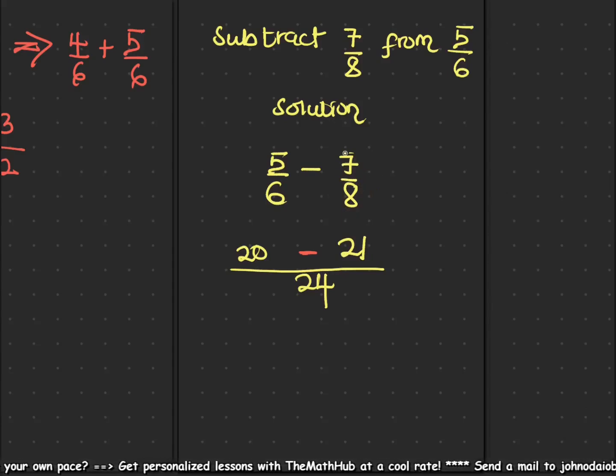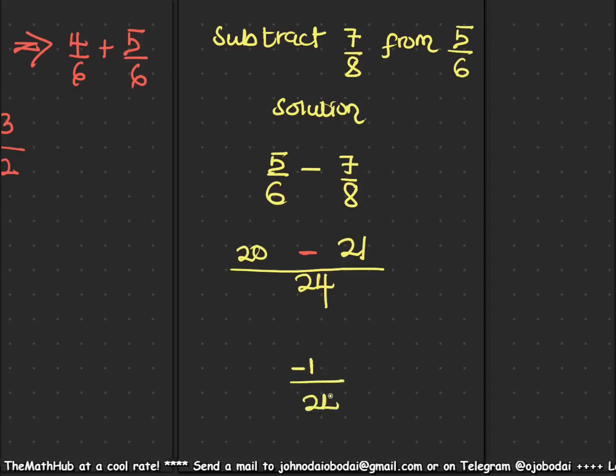The 3 multiplies this 7 to give us 21. That is what we have. Then 20 minus 21 gives us negative 1 over 24. So our answer here is actually a negative fraction, negative 1 over 24.